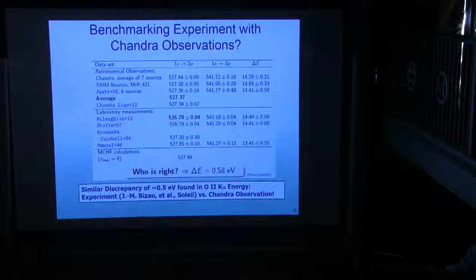So there's this outstanding discrepancy of more than half an eV between Chandra observations or calculations and the synchrotron experiments.